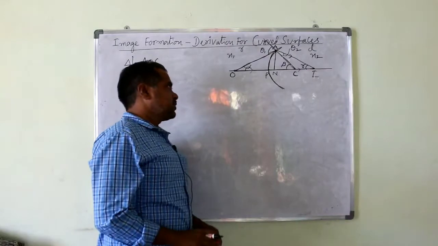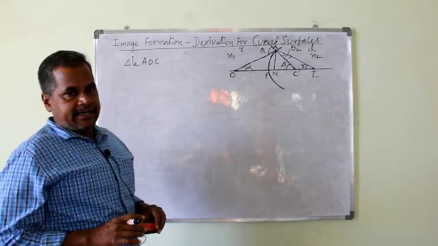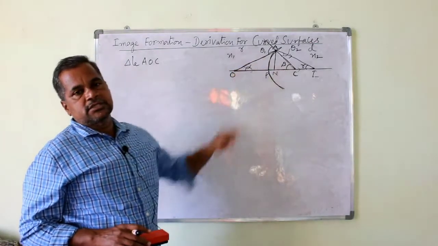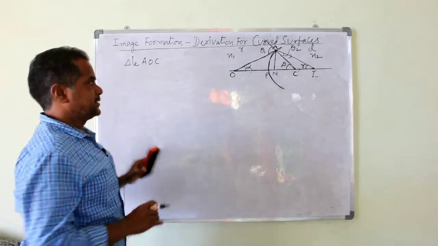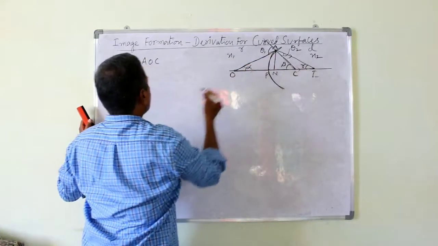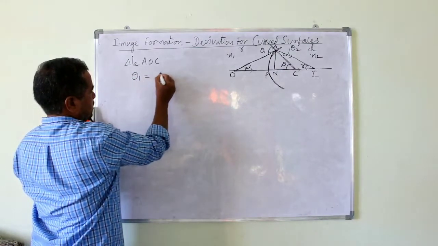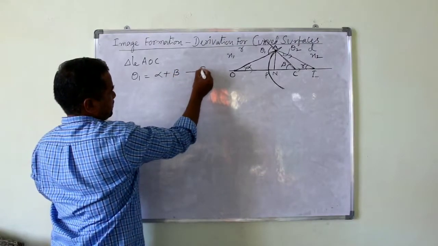According to the properties of a triangle, if any one side is extended, one exterior angle is formed, and that exterior angle is equal to the sum of the opposite interior angles. So theta1 is equal to alpha plus beta. This is equation 1.